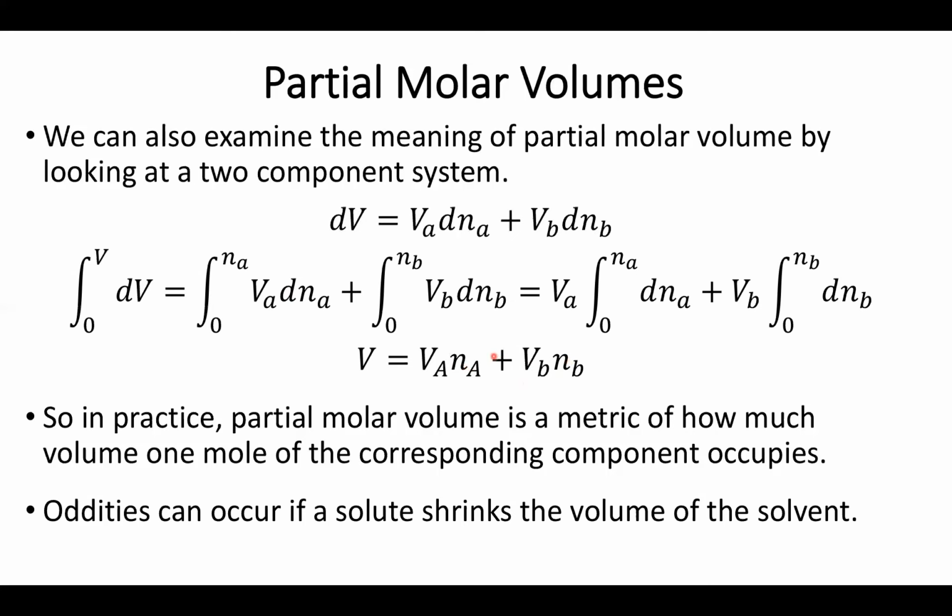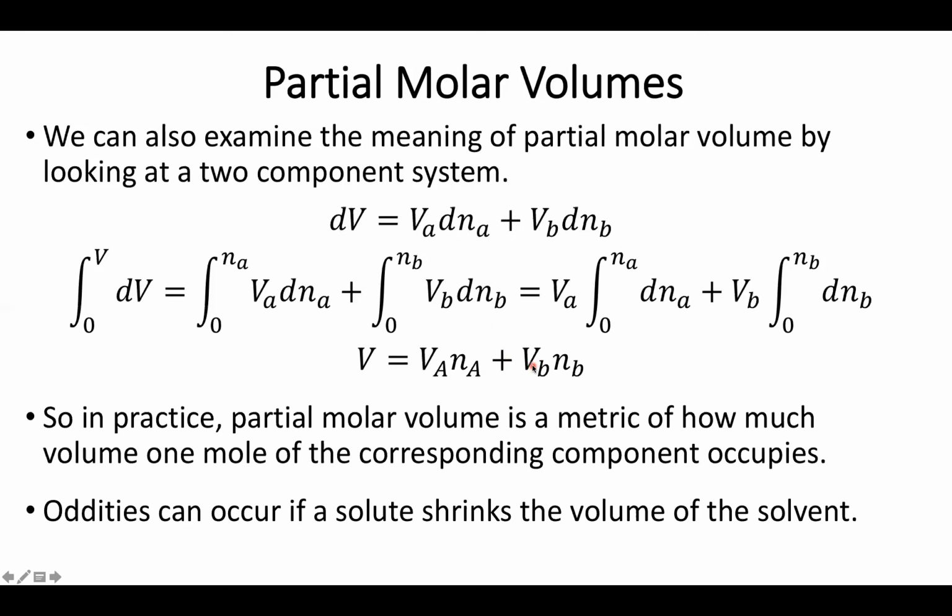Really, what it's telling me is that, as opposed to a pure species, it's causing A to essentially have a much lesser volume than you would naturally expect. Though it is worth noting that these cases of a negative partial molar volume are still kind of rare.